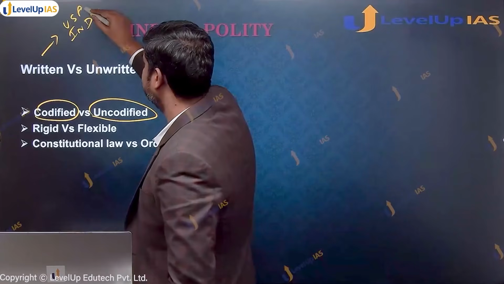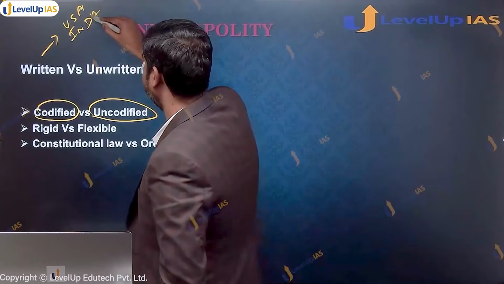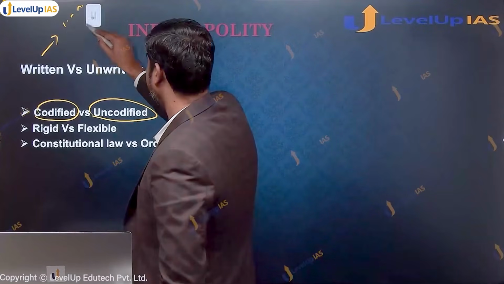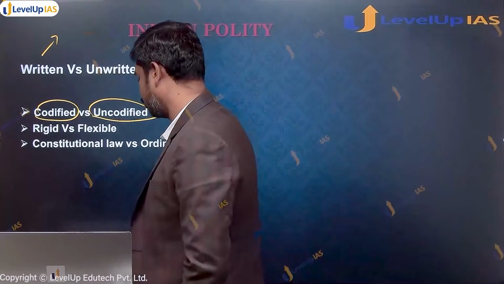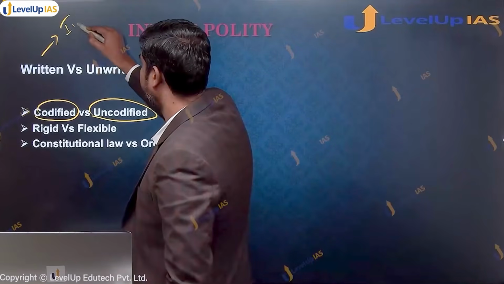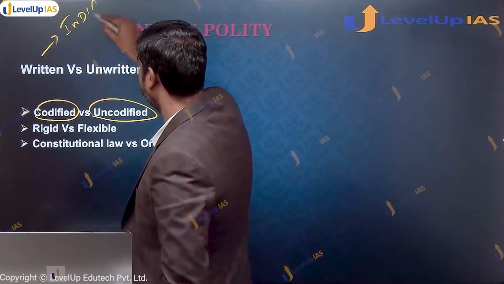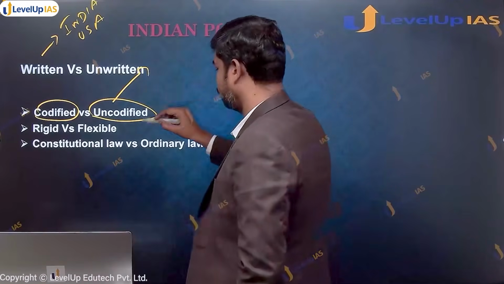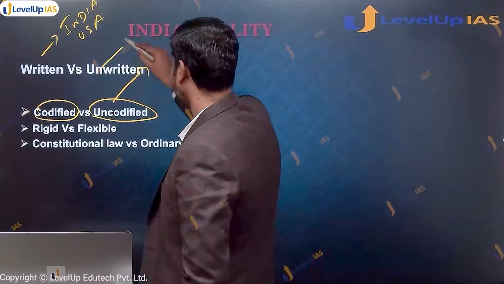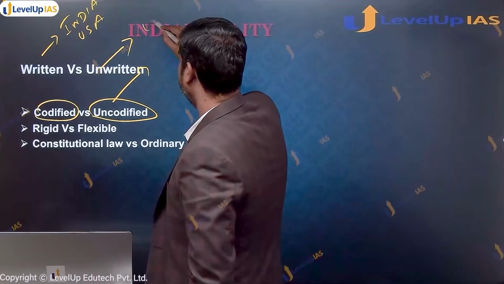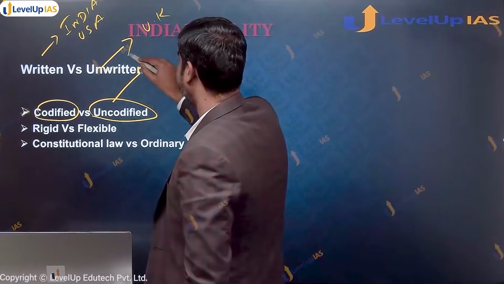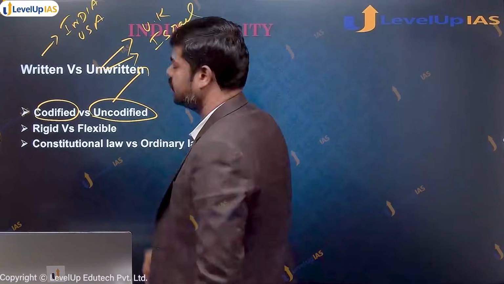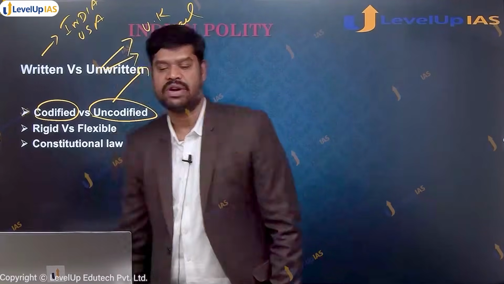These are examples of written constitutions. If you talk of unwritten constitutions, there is the Constitution of the United Kingdom and the Constitution of Israel. These are examples of unwritten constitutions.